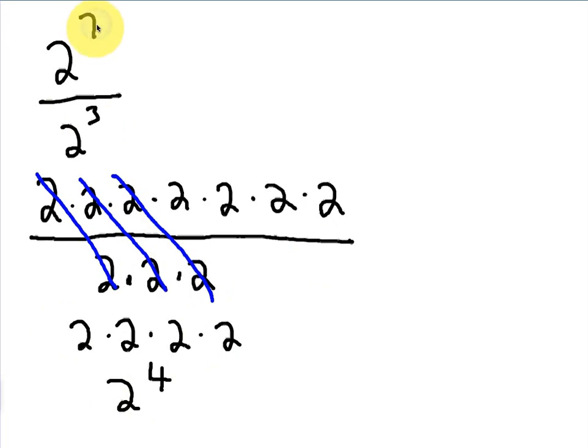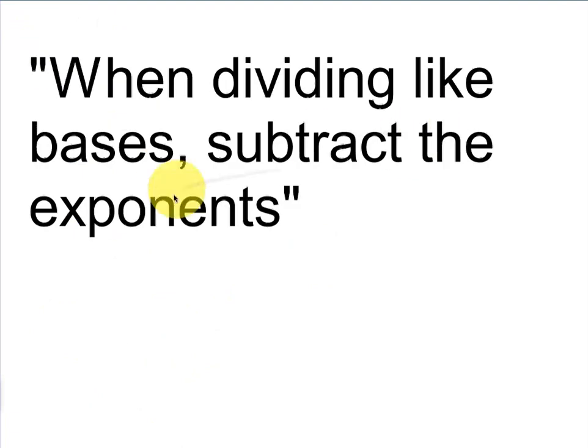So if we had just done 7 minus 3, we would see that the final answer is 2 to the 4th. Okay? This is the rule that when dividing like bases, you just subtract the exponents. Again, when multiplying like bases, you add the exponents, but when you divide them, you subtract them.